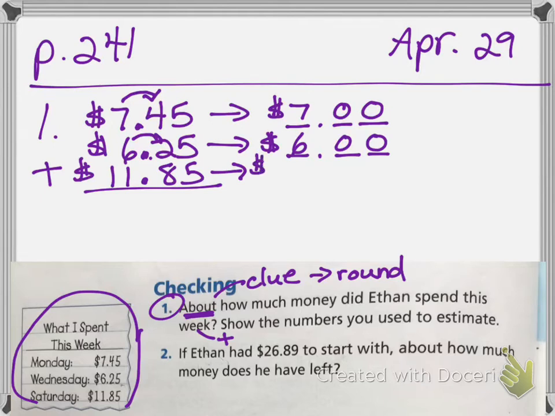Now for this one, we have to have 2 numbers before the decimal. So is this closer to $11 or $12? And the 8 is going to tell us. Okay, pause the video until you have that written out. Okay, so the 8 is telling us to round up, so we were going to round that to $12.